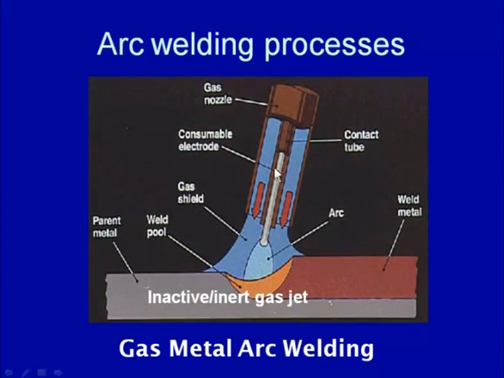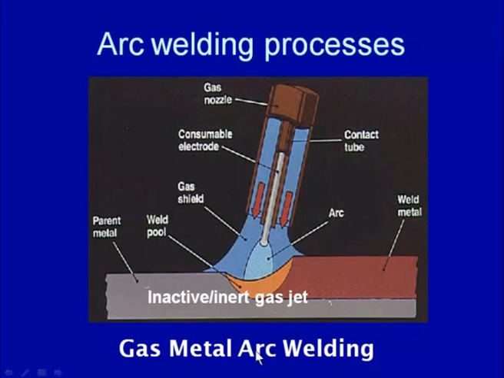MIG welding, or gas metal arc welding, is another process where a consumable electrode is used, and the arc is established between the consumable electrode and the base metal. To protect the weld pool from atmospheric contamination, a jet of shielding gas, either inert or inactive gas, is used.